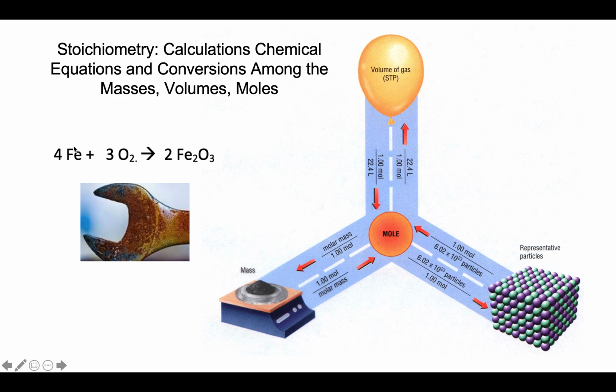You can see here there's four equivalent moles or individual atoms of iron on the reactant side. And you can see on the product side there's 2 times 2, there's 4 over here. Oxygen, there's a total of 6 oxygens on the reactants and 6 in the products, right? So we did balancing equations a while ago. So that's what you have to have, a balanced equation to do this.